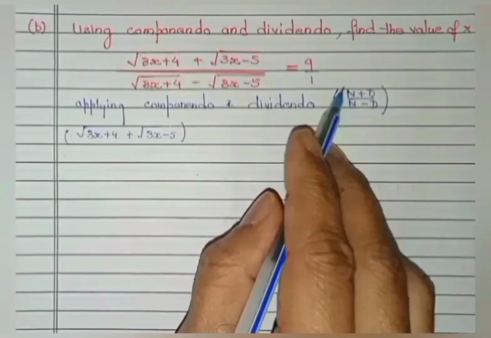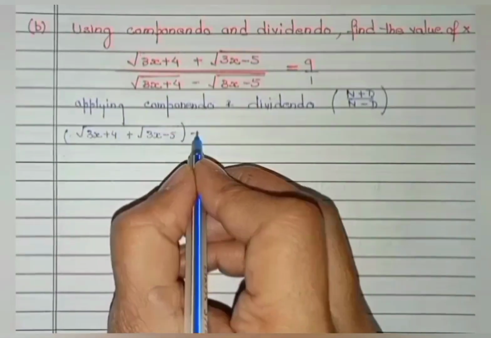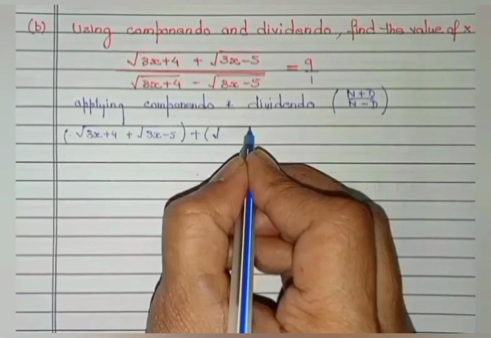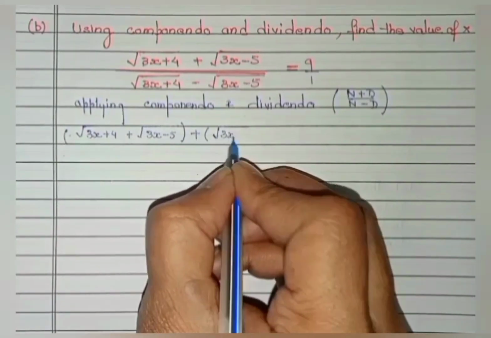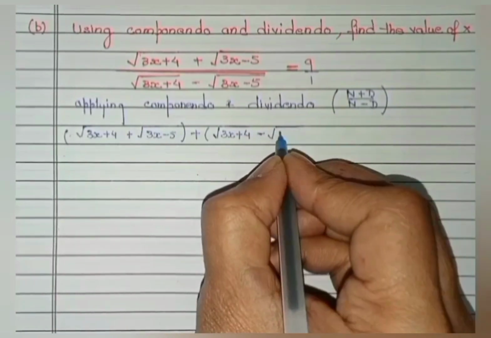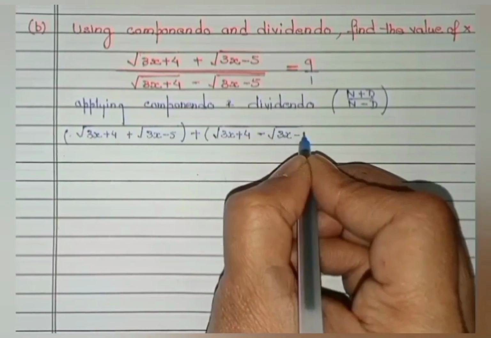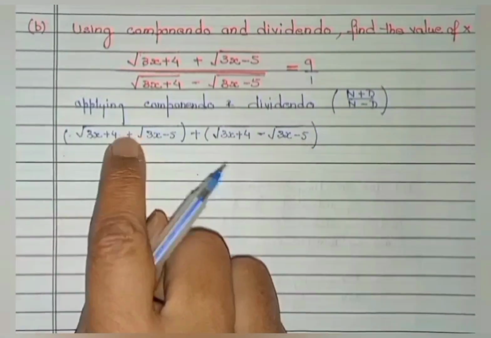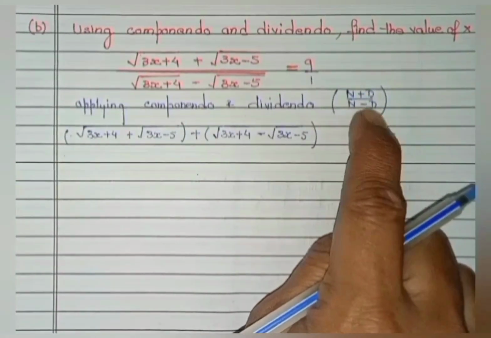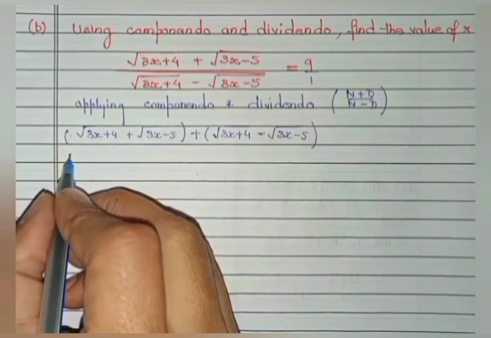This is our numerator part, then plus denominator. This is your denominator part. So in the numerator plus denominator, now you have to apply numerator minus denominator.